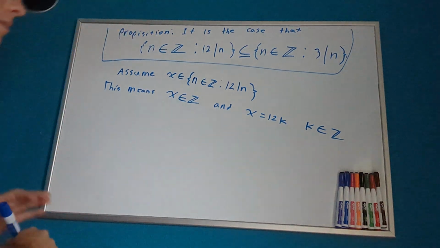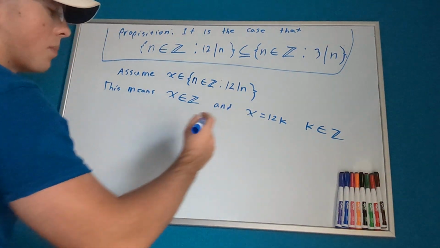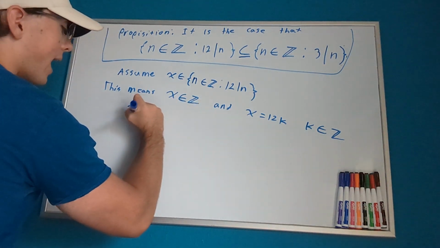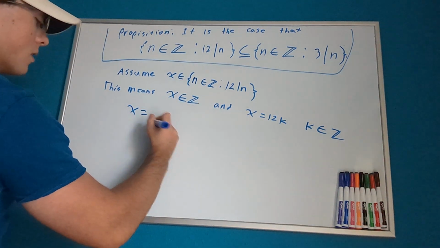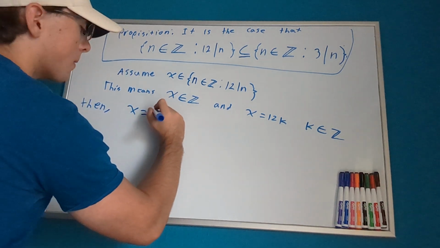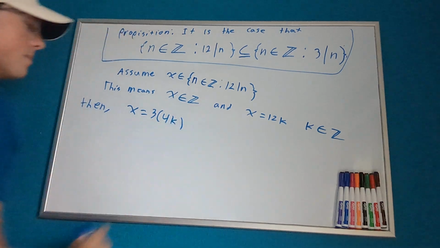Then what we want to do from here is work with this part, okay? Then we can also say that x equals 3 times 4k, okay?